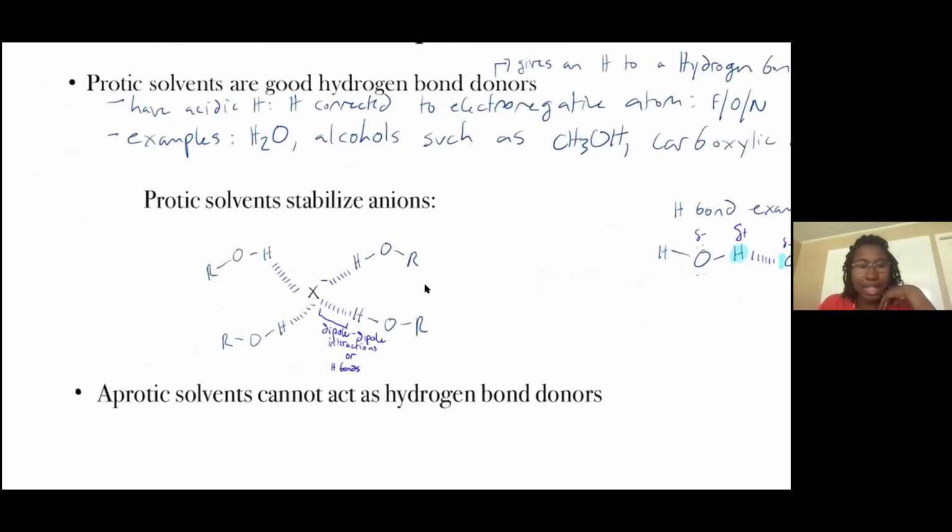Something else to know about protic solvents is that they can stabilize anions or other charged molecules. I have an example of what that type of stabilization interaction looks like. We have 4 different generic alcohols drawn here. The R group just stands for rest of molecule, so here's the alcohol group, and this is the rest of the molecule.